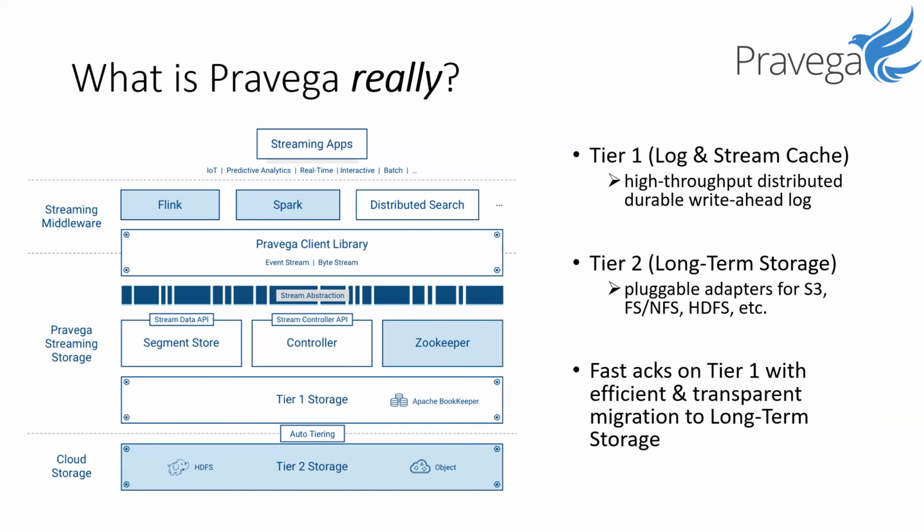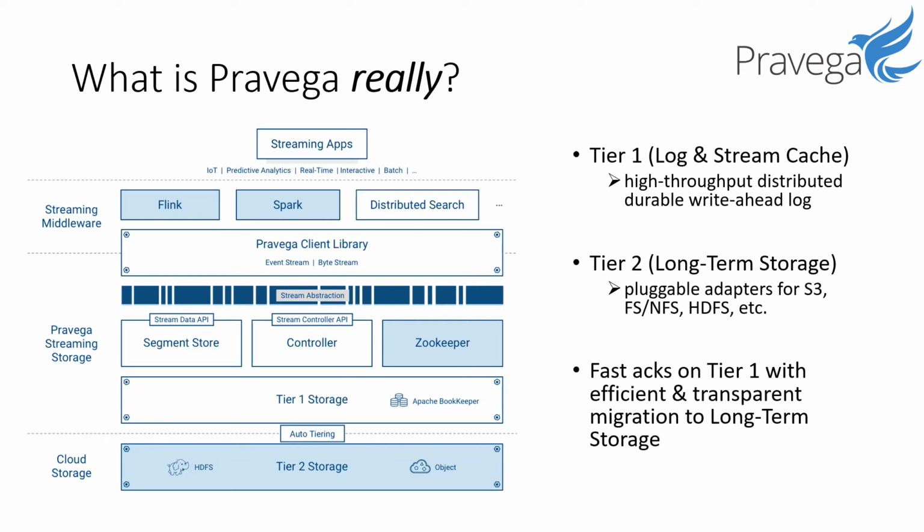Additionally, there's a tier 2 long-term storage. We have pluggable adapters to S3, file system, NFS, HDFS, and more can be added. As data piles up in the segment stores, it is asynchronously transferred to long-term storage. So basically fast acknowledgements on tier 1 with efficient and transparent migration to long-term storage in tier 2.